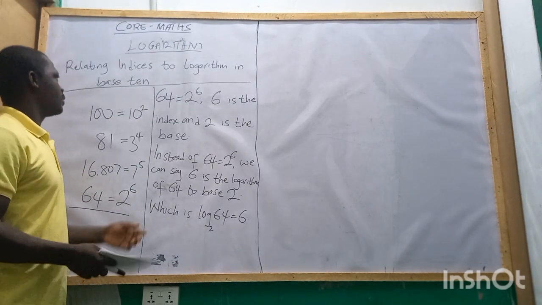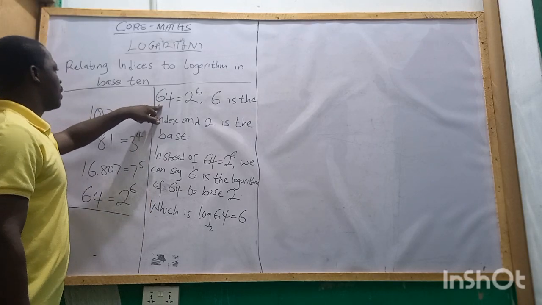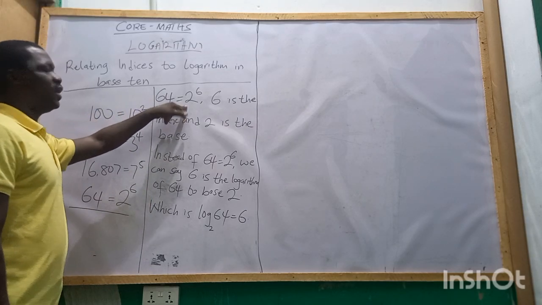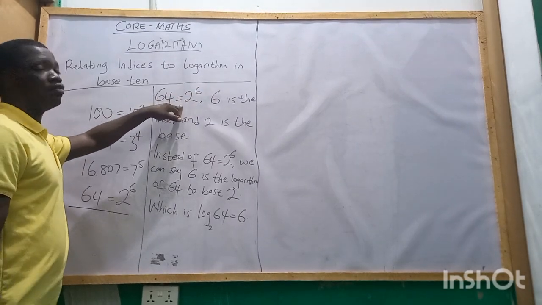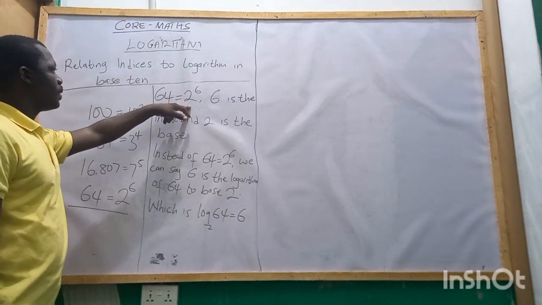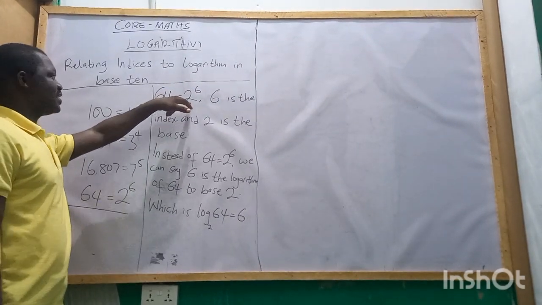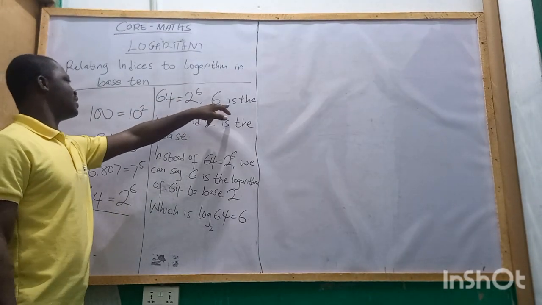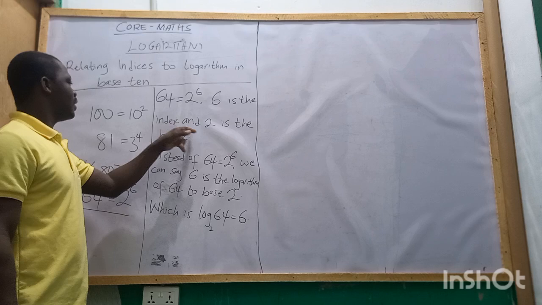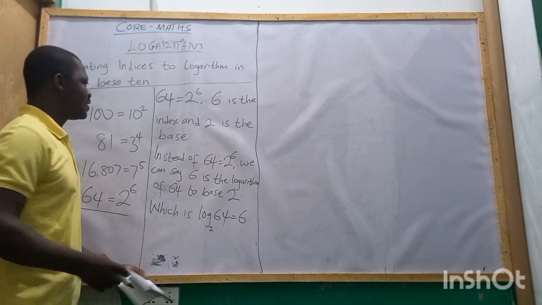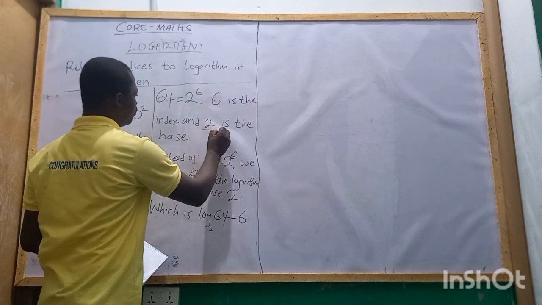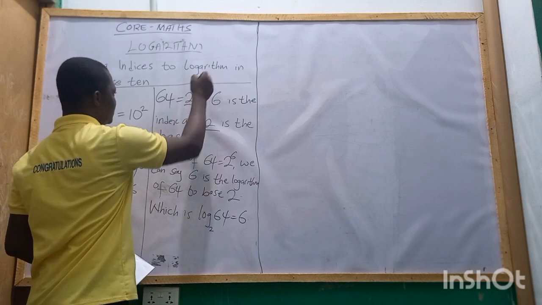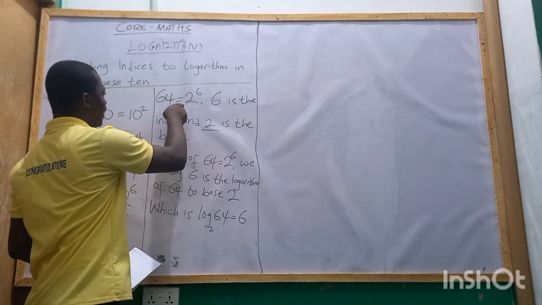So 64 is equal to 2 exponent 6, or 2 power 6, or 2 to the 6, whichever way is the same. Here 2 is the base and 6 is the exponent, or the index.